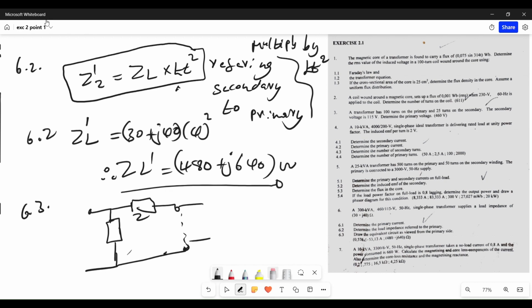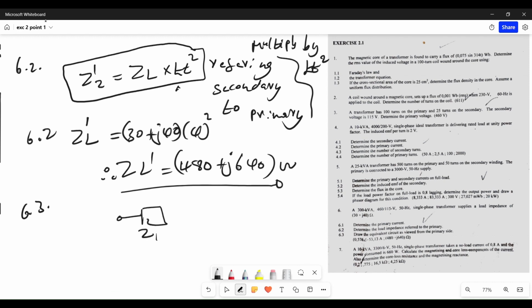I don't remember properly, but we have one that looks like this, and then we have another one that looks like this. Z1 comes before, and then we have Z load.